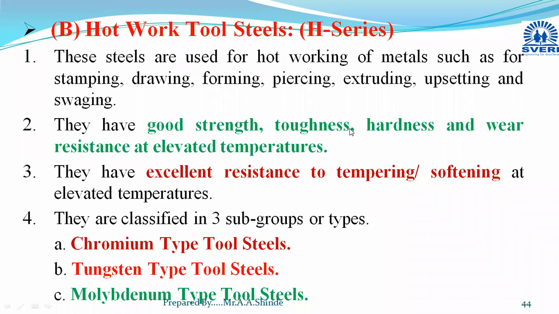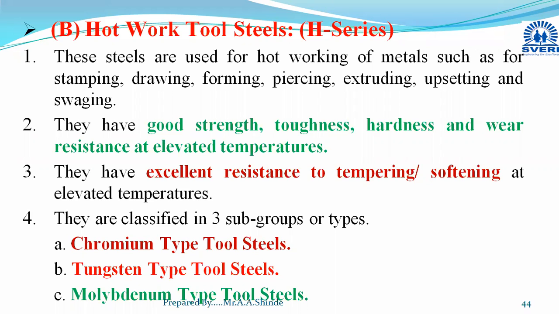Then depending on the percentage of alloying elements, they are classified in three types. But generally, whichever hot work tool steels are there, they are medium carbon steels with low amount or high amount of alloying element percentage.